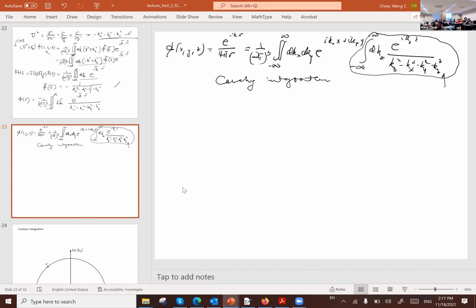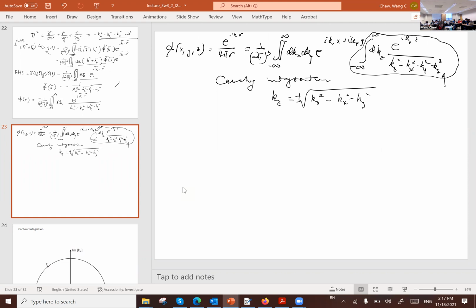Okay, I see some nodding heads. You look at the integrand in the kz variable alone, it has a pole, and that pole is given to be kz equal to the square root of k0 squared minus kx squared minus ky squared. But I'm keeping kx and ky fixed. I'm just intending on doing the kz integration only.